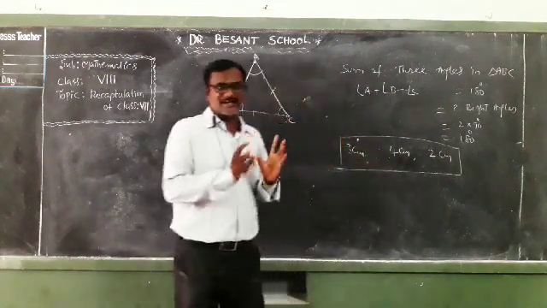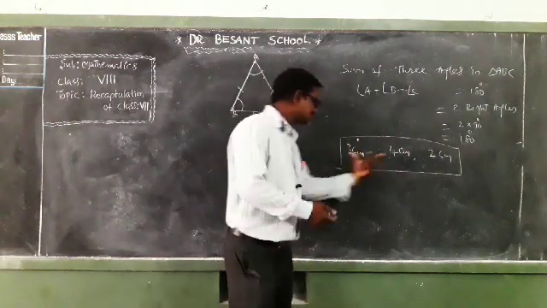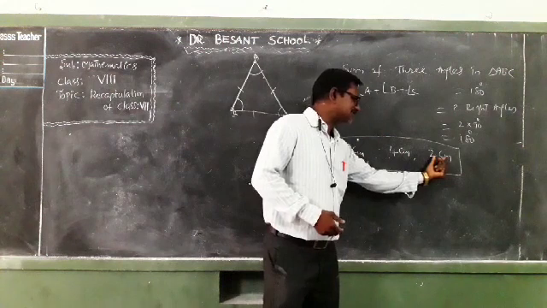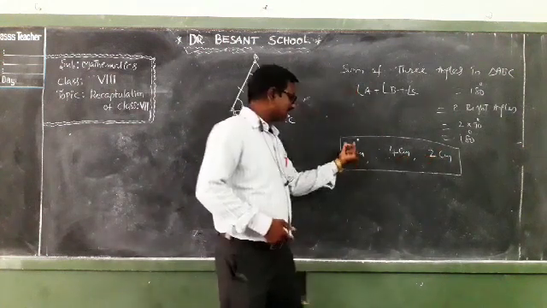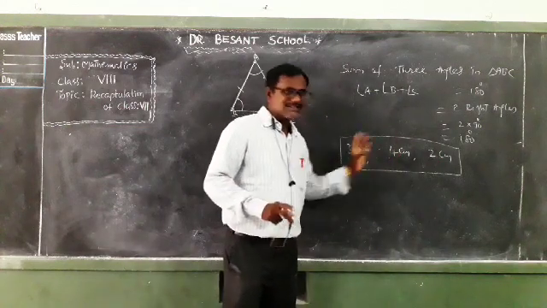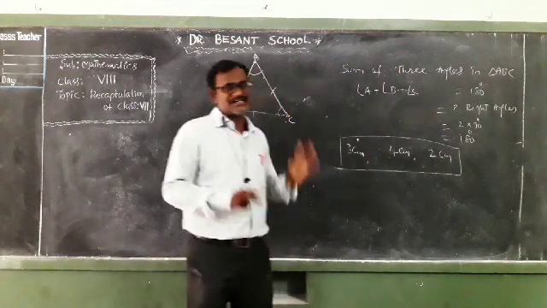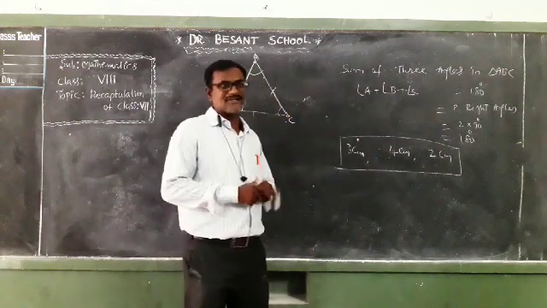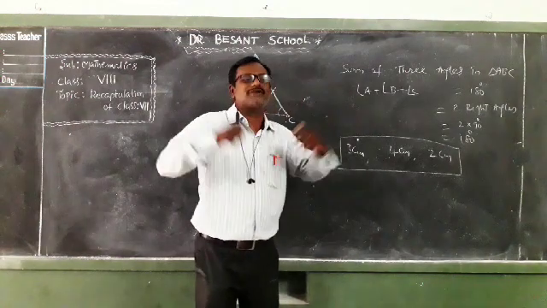Yes, I am extremely sorry, we can construct a triangle with these measurements. Because the sum of any two sides is greater than the third side. If the sum of any two sides is not greater than the third side, then we cannot construct a triangle.